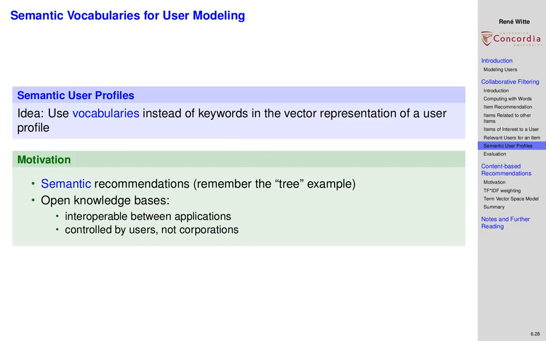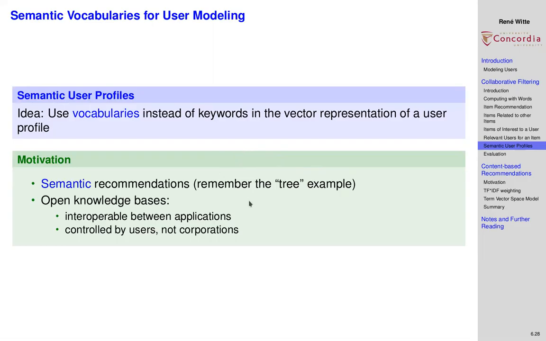So that's the first aspect of semantic user modeling and semantic user profiles. You have a lot more precise specification of the interest, because now you know exactly what the user is interested in, like tree data structures or trees that you plant outside in the garden.